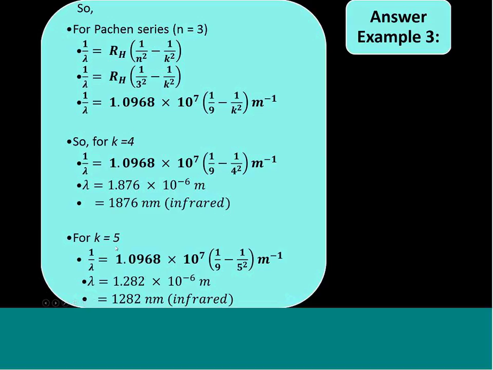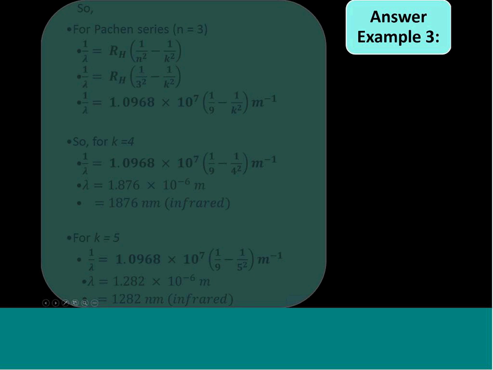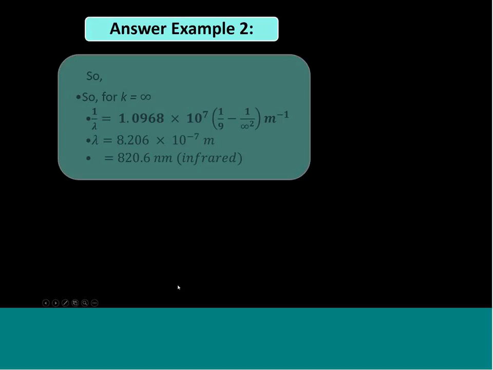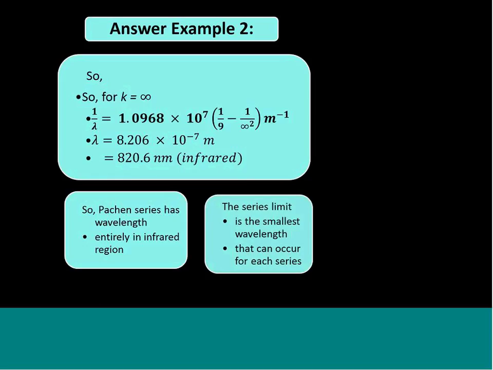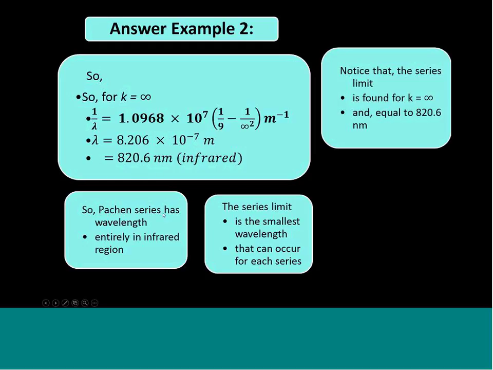If you want to try more, calculate for K equal to 5, which is 1282. That means for K infinity, this Paschen series will get 820 nanometer. The Paschen series has wavelengths entirely in the infrared region. So the series limit is the smallest wavelength that can occur for each series.